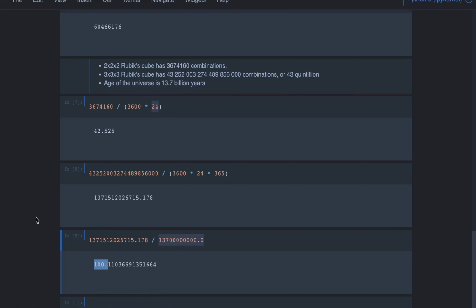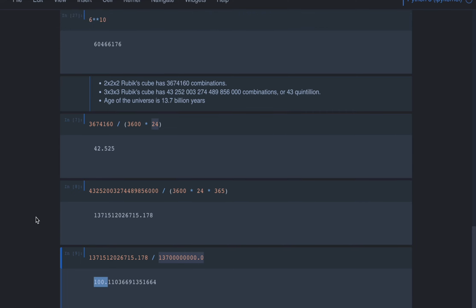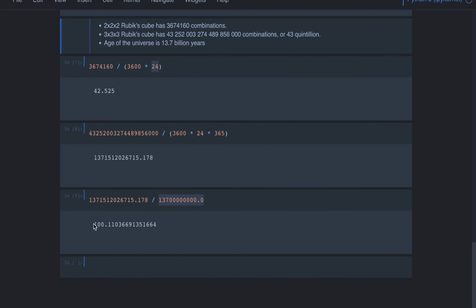So what it means is, in order to reproduce all the possible combinations of a 3 by 3 by 3 Rubik's cube, it would take us 100 times the age of the universe, even if we are able to reproduce one combination per second. So that's how these numbers of possible outcomes grow, right?